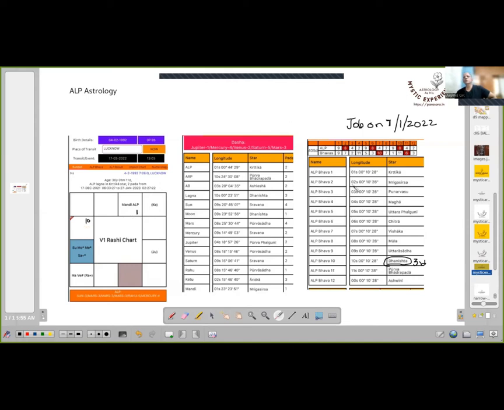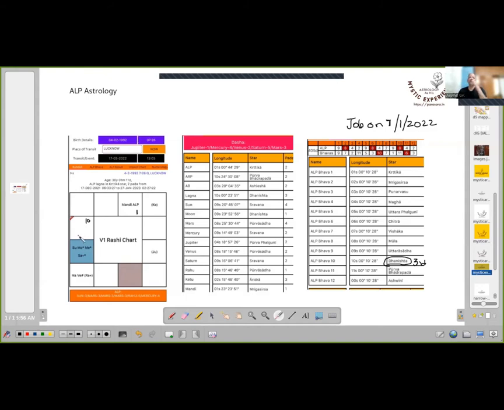He got the job on 7/1/22. This particular bhava chart is derived from the date 1/7/2022, and that's where it shows Dhanishta third pada. When it falls in Dhanishta third pada, he got the job.